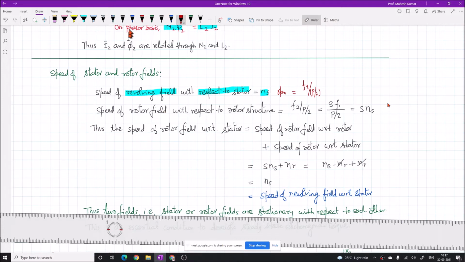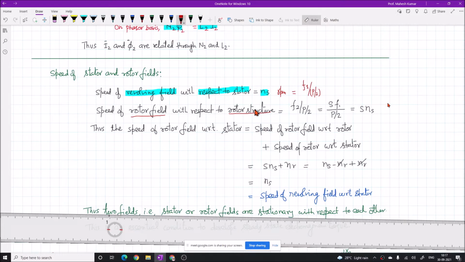Similarly, the speed of the rotor field with respect to the rotor structure. Now there are two structures, the stator frame and the rotor frame. First I have to see that the induced voltage and current in the rotor circuit have their existence with reference to the rotor frame itself.